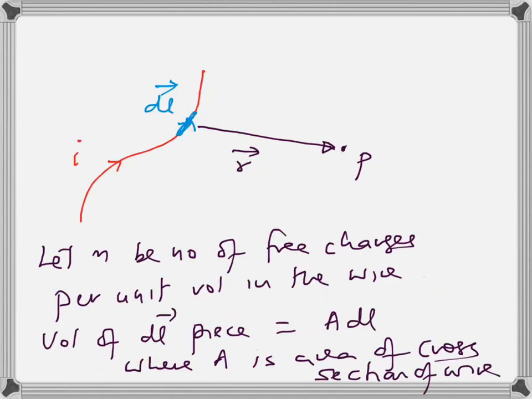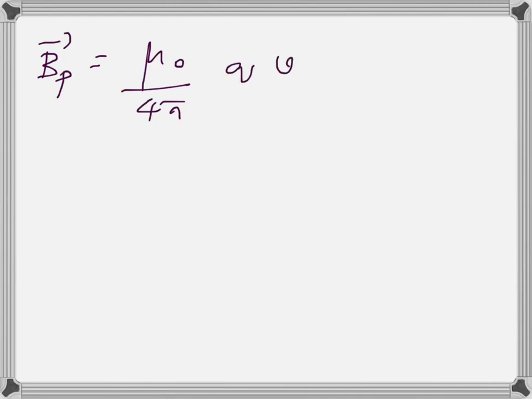So the magnetic field at point P, I can write now, is given by, using the first form of Biot-Savart's law, mu naught by 4 pi Q V, the V here is Vd, cross r by r cube.